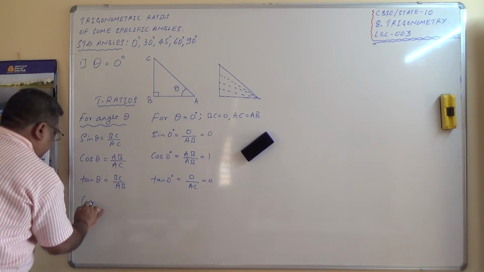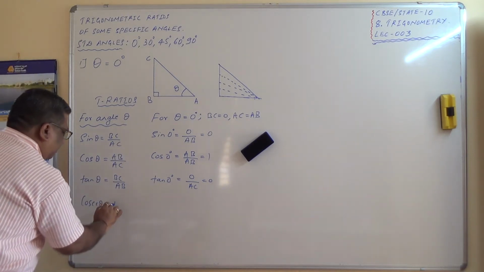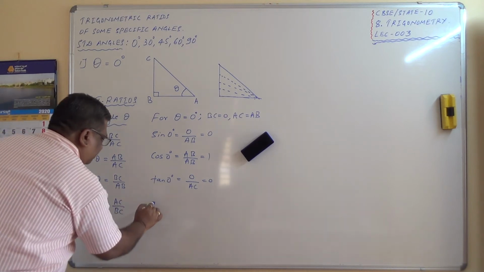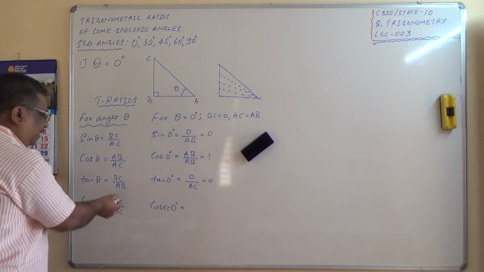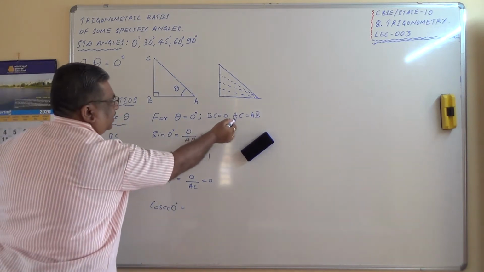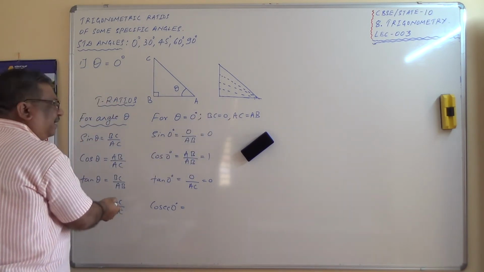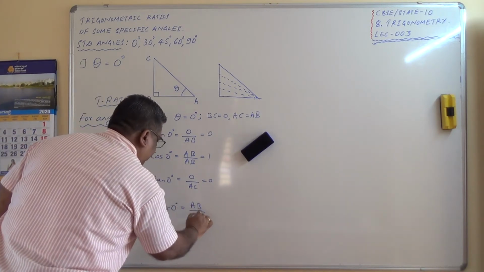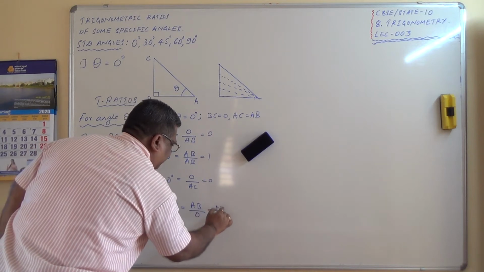Cosec theta is the reciprocal of sine, AC by BC. So cosec 0 degrees is equal to AC by BC. AC will be AB, but BC is 0 here, so AB divided by 0, which is not defined.